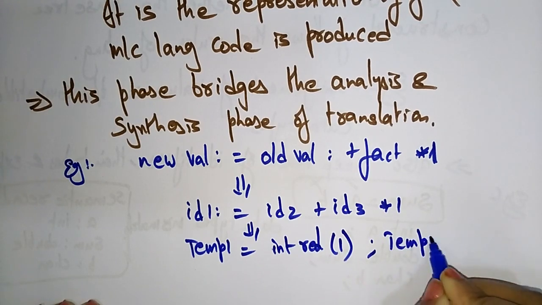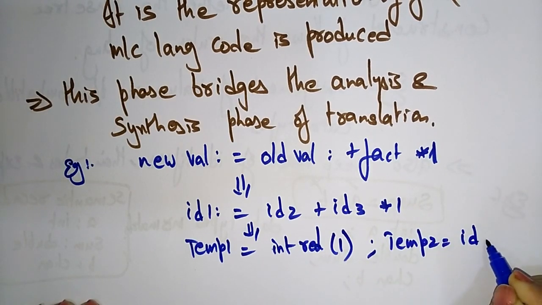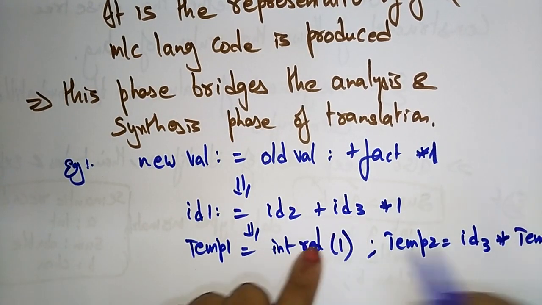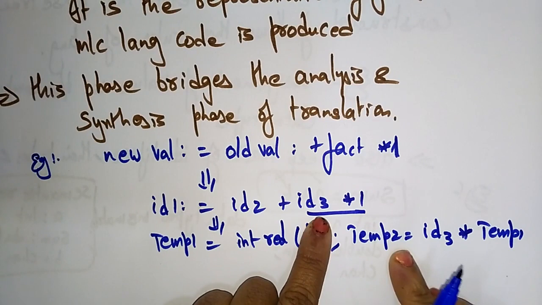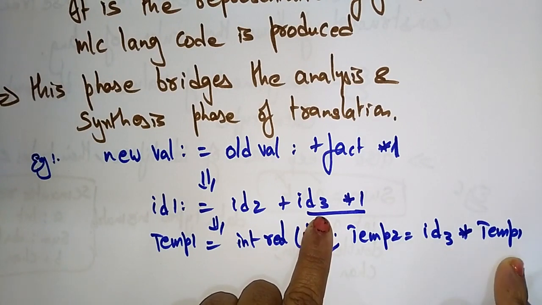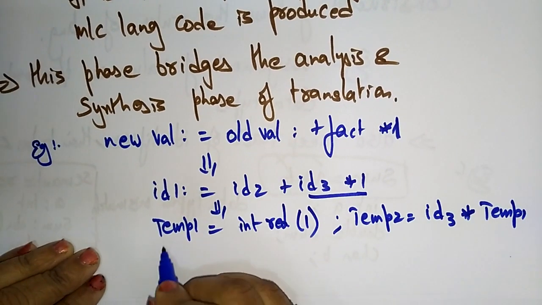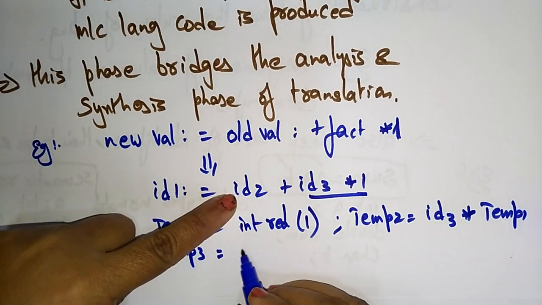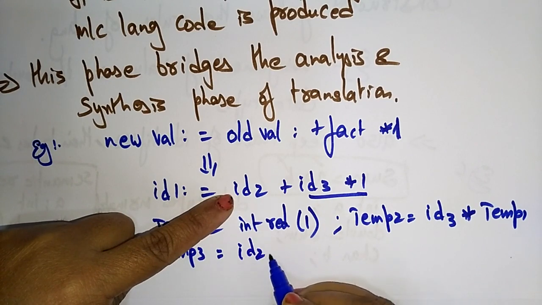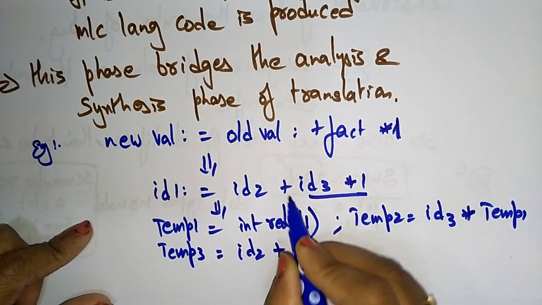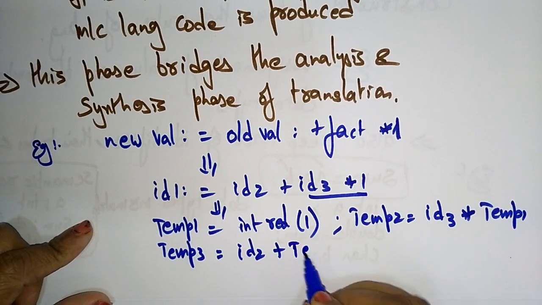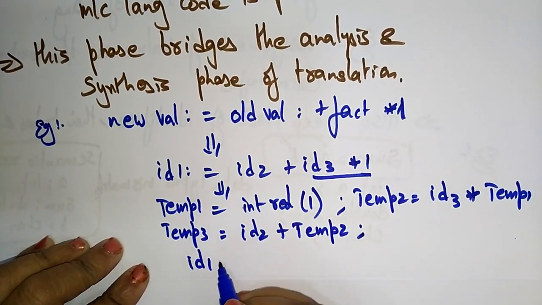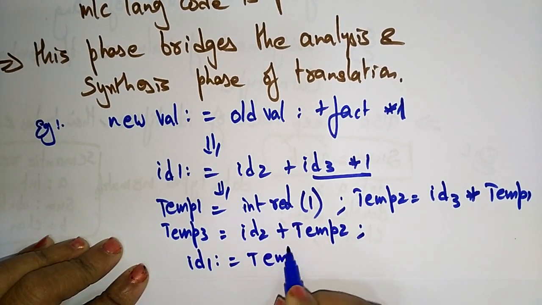Temp2 is equal to ID3 into temp1. Now temp3 is equal to ID2 plus temp2. Finally, ID1 is equal to temp3.